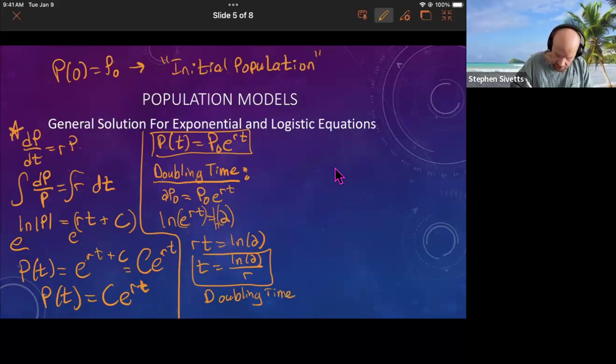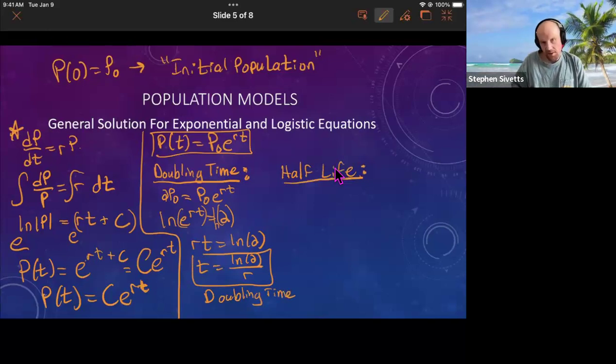Okay. And then also you'll have for exponential decay, the half-life. Half-life just means the time it takes for half of the amount of the substance to be eliminated, right? So essentially it's just the same thing, except you have 1/2 over R. So that's the half-life.